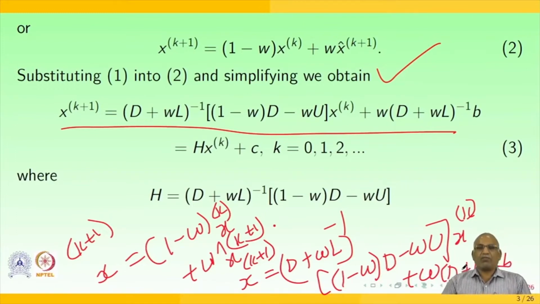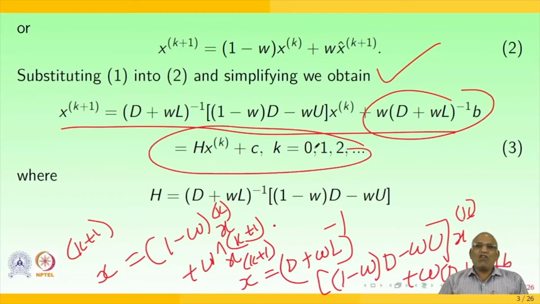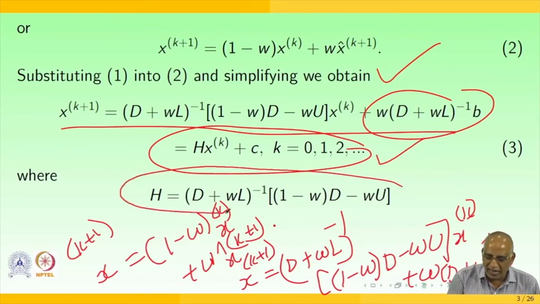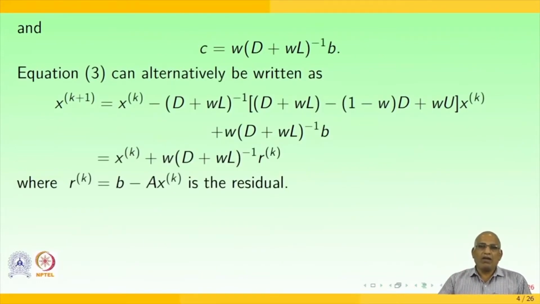inverse of b. So this can be written as H of x of k plus c, where k is equal to 0, 1, 2, etc. And this H is equal to D plus wL whole inverse times 1 minus w times D minus w of U. And c is equal to w times D plus wL whole inverse times b.